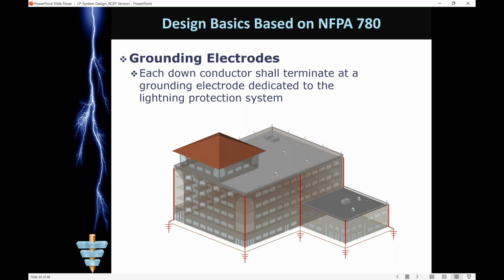Grounding electrodes. Each down conductor shall terminate at a grounding electrode. Most of the time, you're talking about a ground rod dedicated to the lightning protection system.